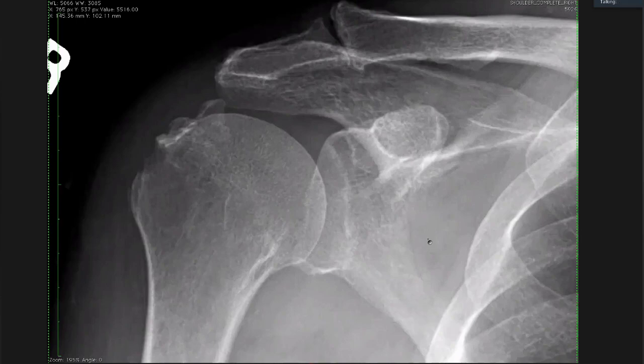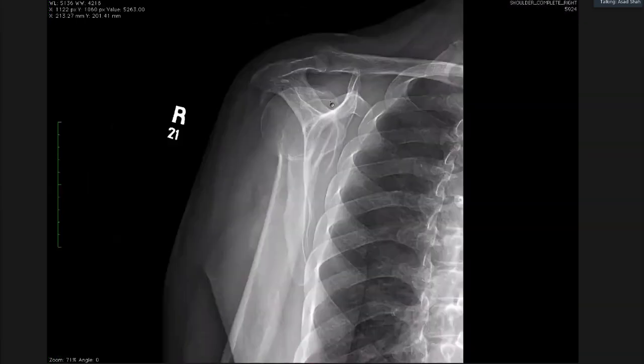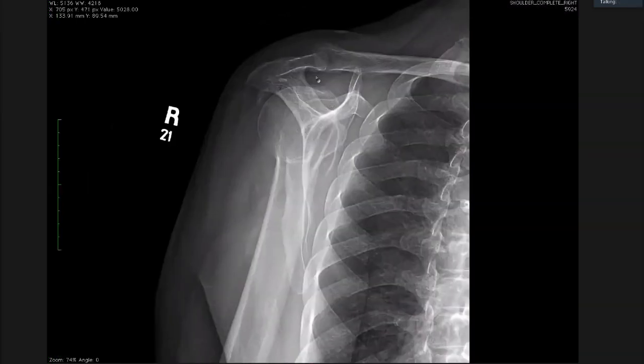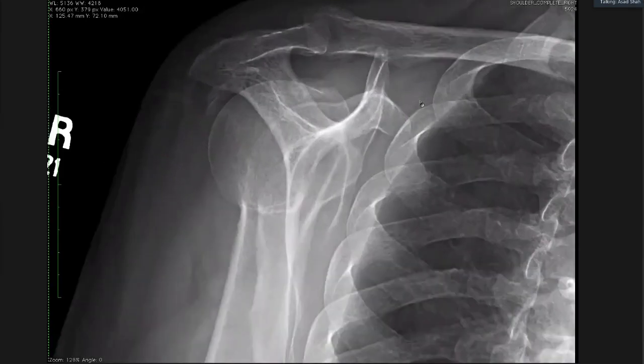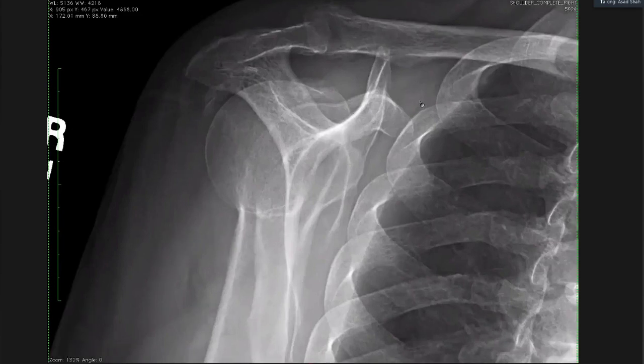Avulsion of what? Okay, let me show you the other view. Probably that might help. Let me magnify it now. So where do you see that well-corticated fragment, let's say?